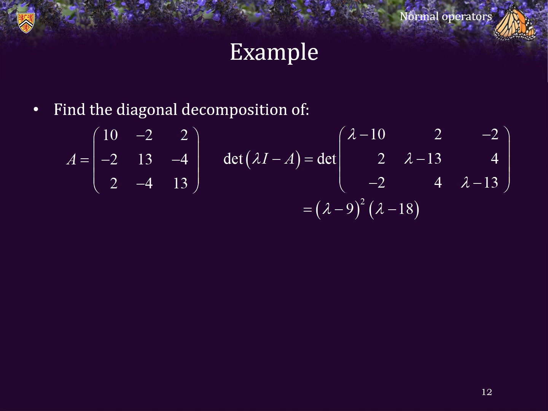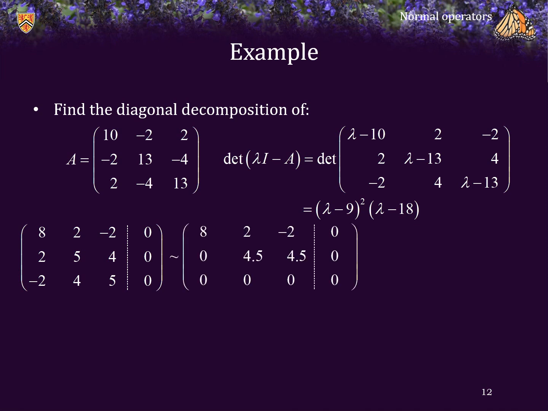All right, next let's go to 18. Substitute lambda equals 18 into that matrix, and we get the following. Now, once again, applying row echelon form, we get that that is row equivalent to the following matrix.